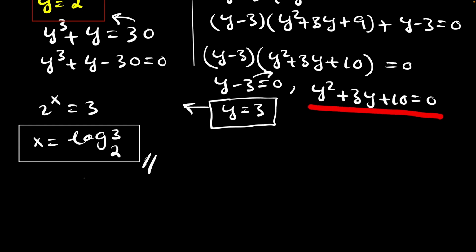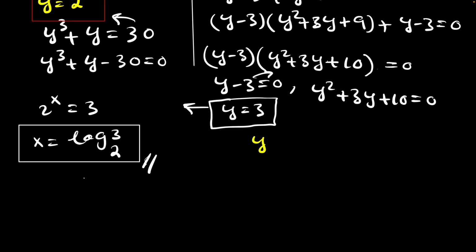So what will be this? You can see here that we have a quadratic equation. To solve a quadratic equation, we are going to use the quadratic formula, because this is the easiest way that we can find the roots of this quadratic equation. So let's go and write our formula.